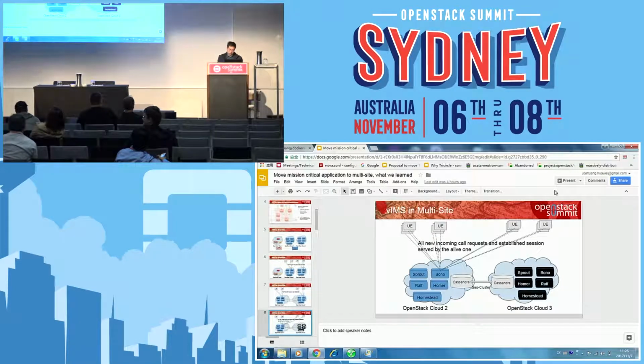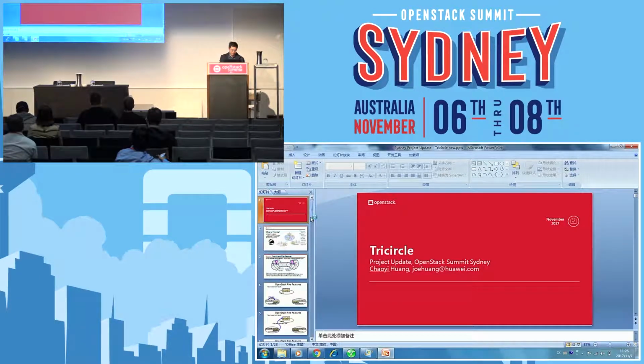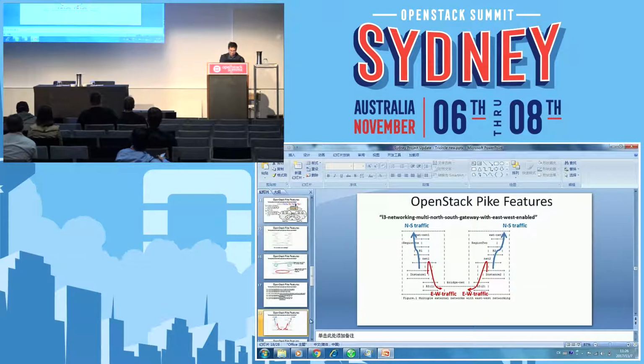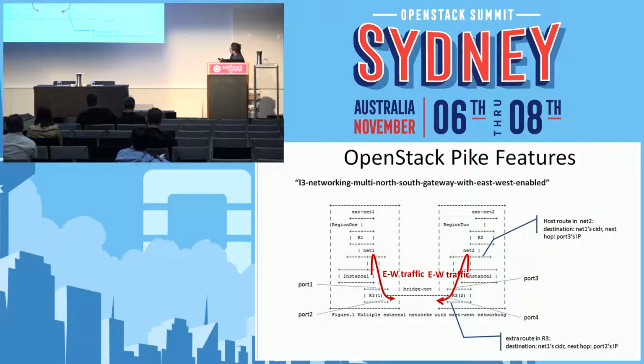I can show you how it works. The traffic will go through the SD router, and we will populate the host router in net 2, so the instance can get a route to SD for net 1.